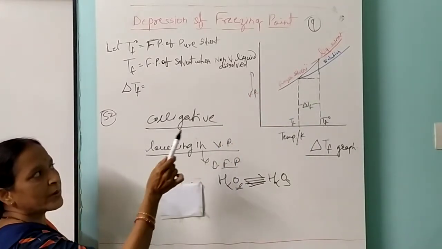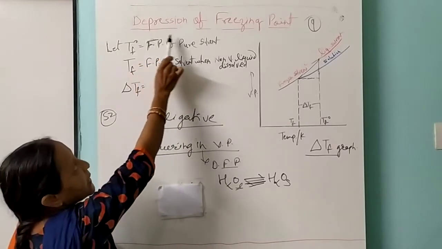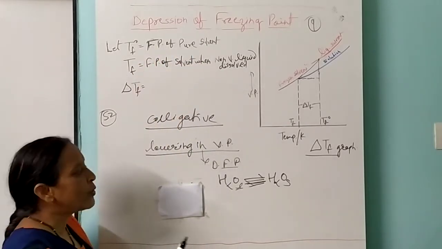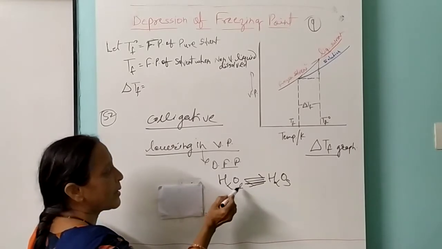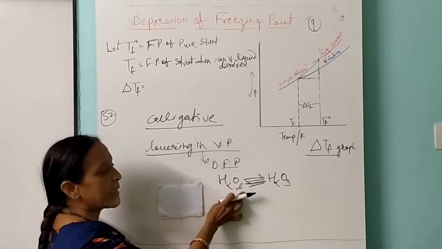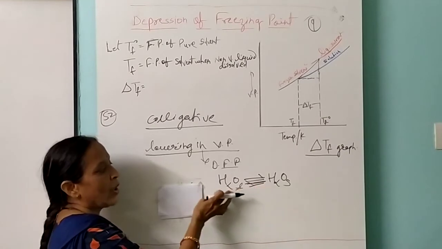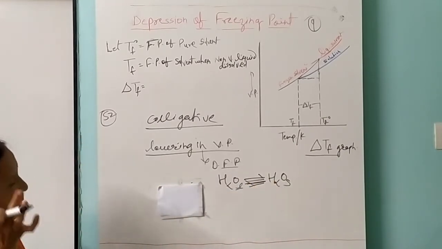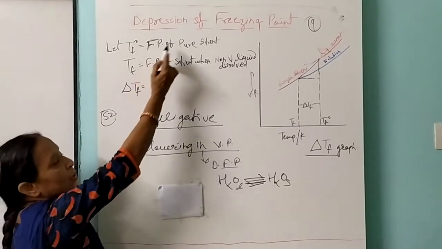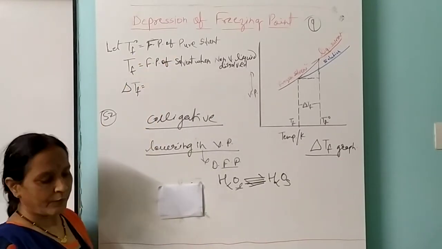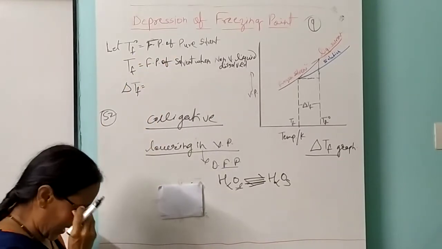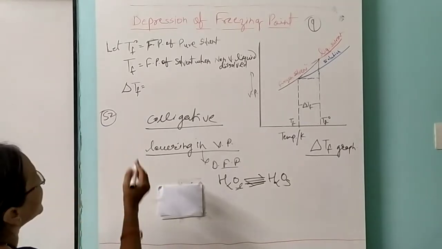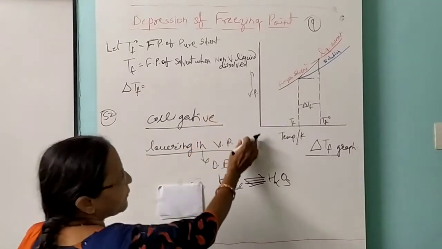This point is known as the depression in freezing point, when there is equilibrium between the liquid and solid state of a solvent along with the decrease in vapor pressure. Now, students, here one graph is taken.